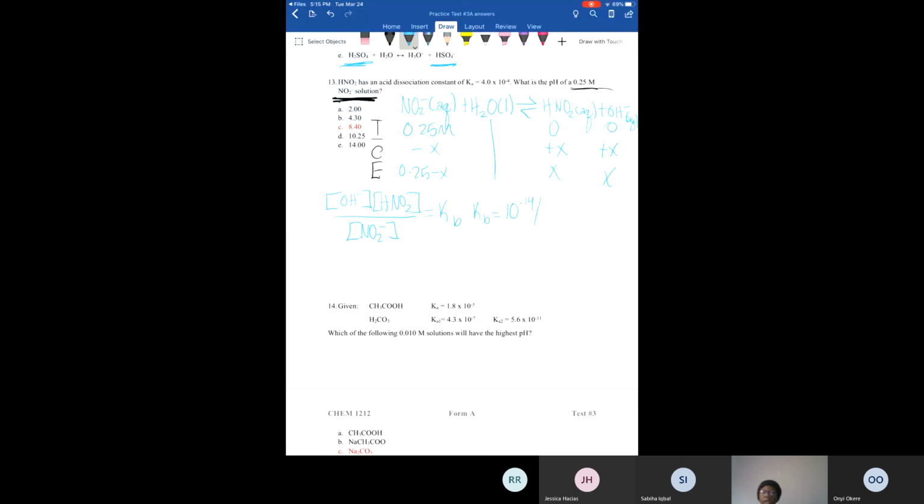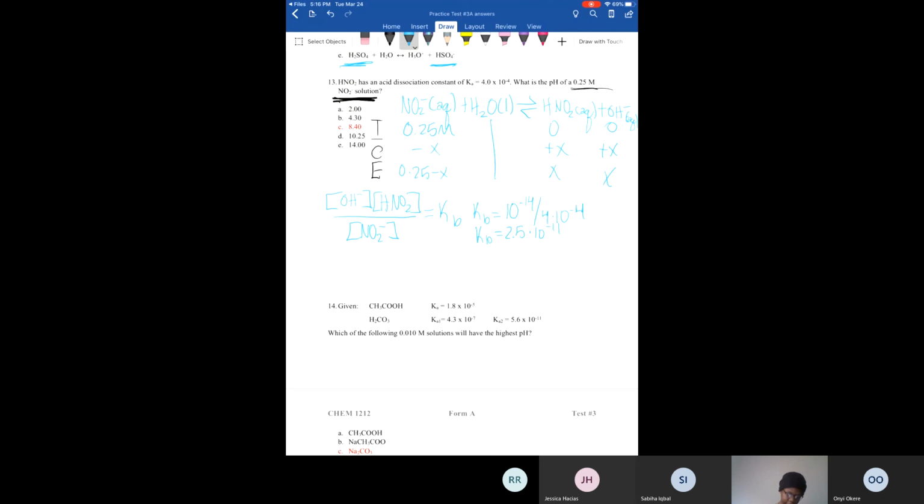This is the same thing as you do with your H3O plus and OH minus concentrations. If you multiply Ka times Kb, you get 10 to the negative 14. So 10 to the negative 14 divided by 4 times 10 to the negative 4. So your Kb is going to be 2.5 times 10 to the negative 11.